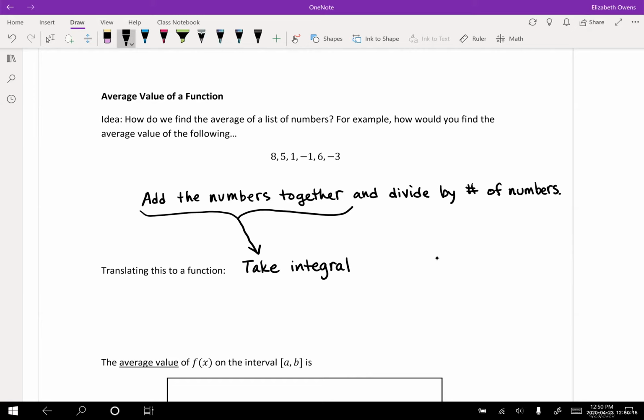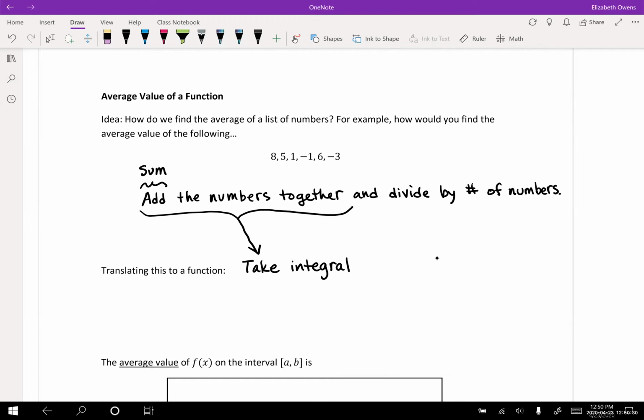You can also think of adding as the sum of numbers. And we know integrals also refer to a summation process, a Riemann sum.